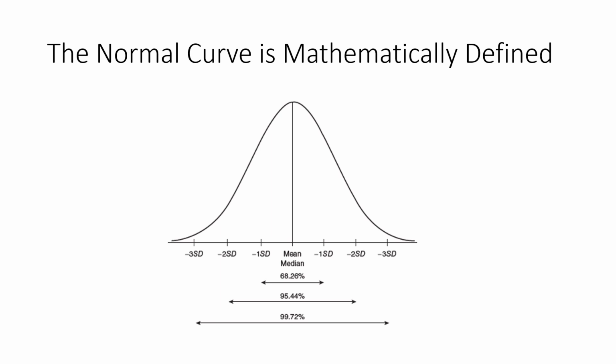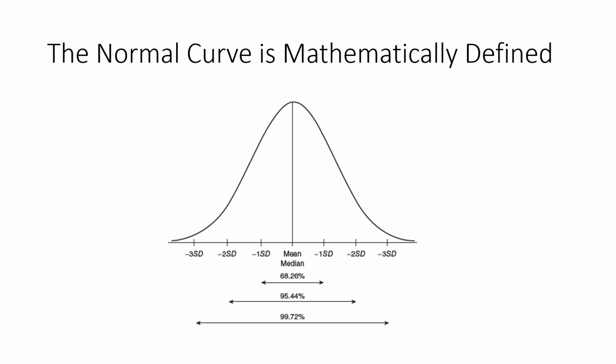And we know that 95.44% of cases in a normally distributed variable will fall between -2 standard deviations and +2 standard deviations. And finally, we know that 99.72% of cases in a normally distributed variable will fall within -3 standard deviations and +3 standard deviations.